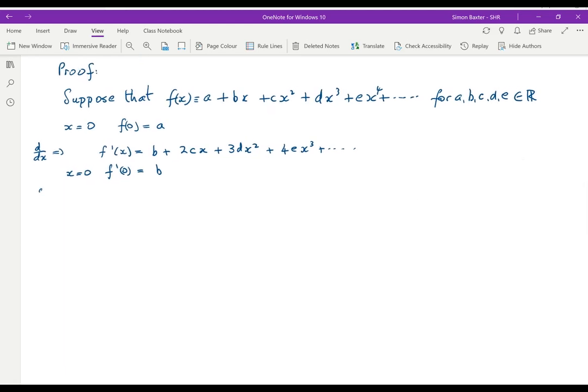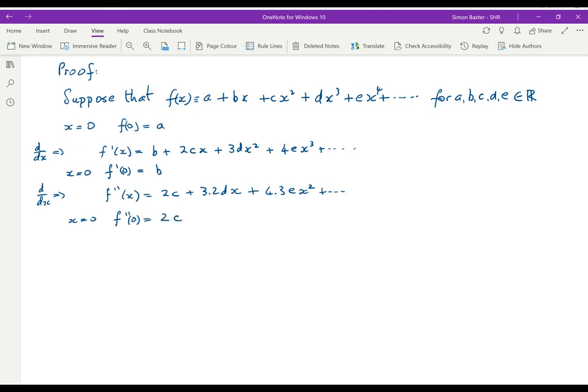We differentiate again, and we will get f''(x) is equal to 2c, differentiating x gives 1, plus, and I choose to write this as 3 times 2 times dx + 4 times 3 times ex squared, etc. Once again, put x equal to naught. f''(0) now is going to be 2c.